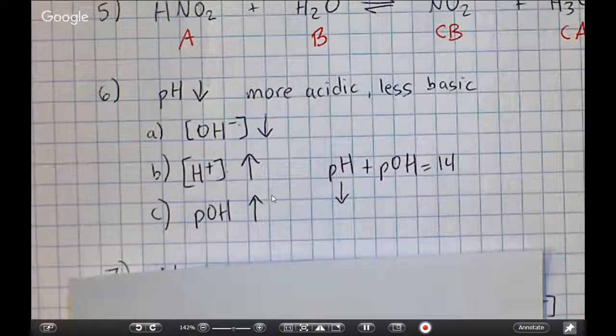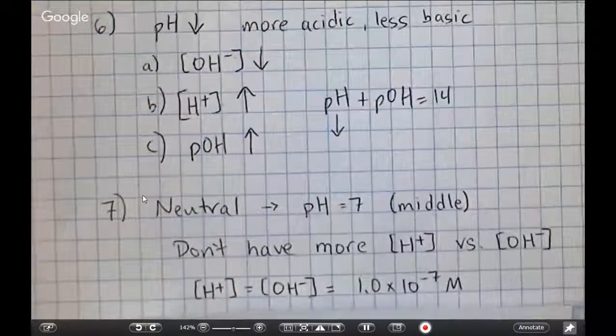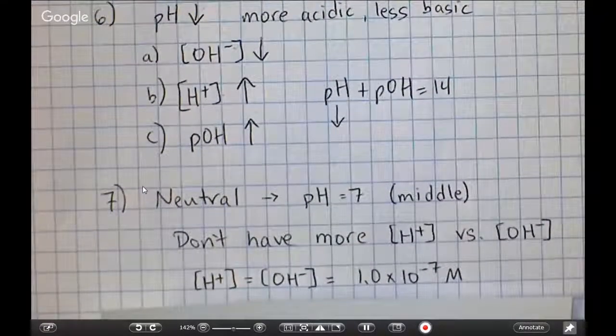If pH is 7, it means we don't have any more H plus than we do hydroxide. Their concentrations are equal. So when we talk about something being neutral, let's talk about it in the context of concentration. Their concentrations are equal. pH comes from concentration.